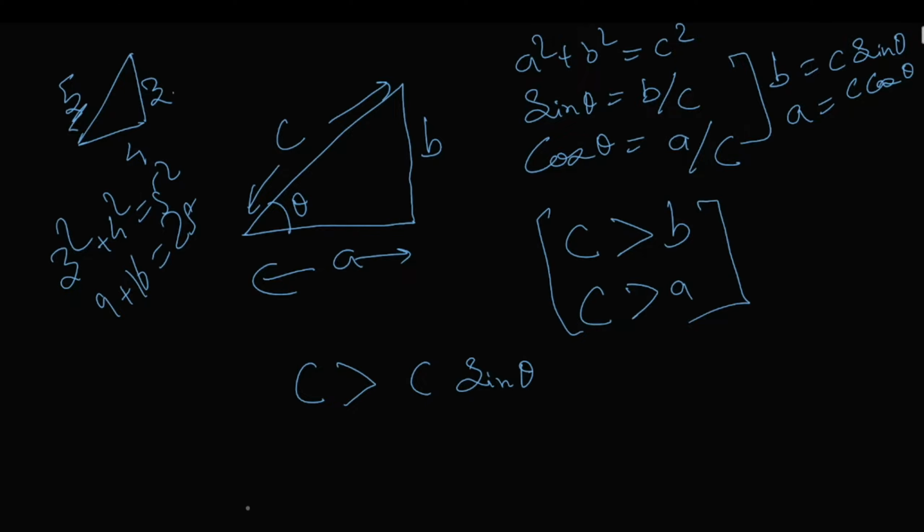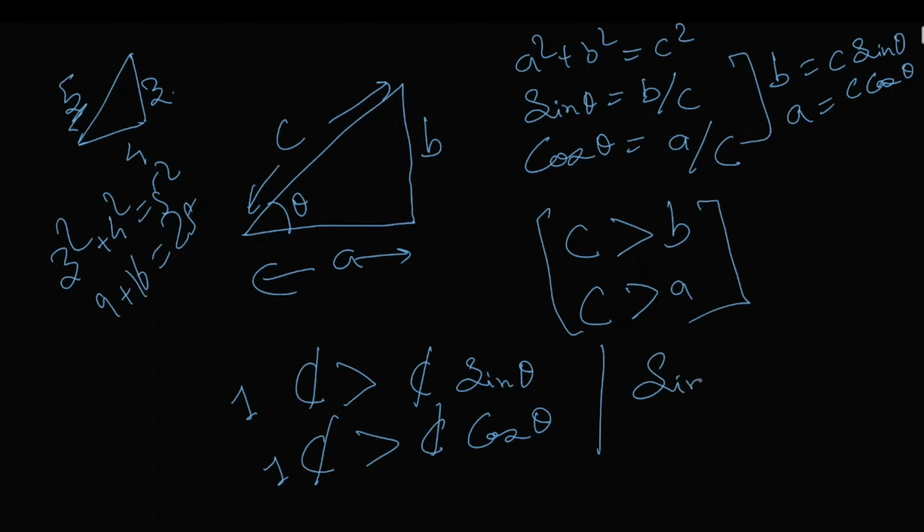C cos theta. So that means C is greater than C cos theta. Now if you cancel C from both sides of this inequality, we will find that it becomes 1. So that means we will always see that sin theta is less than 1 and cos theta is less than 1.